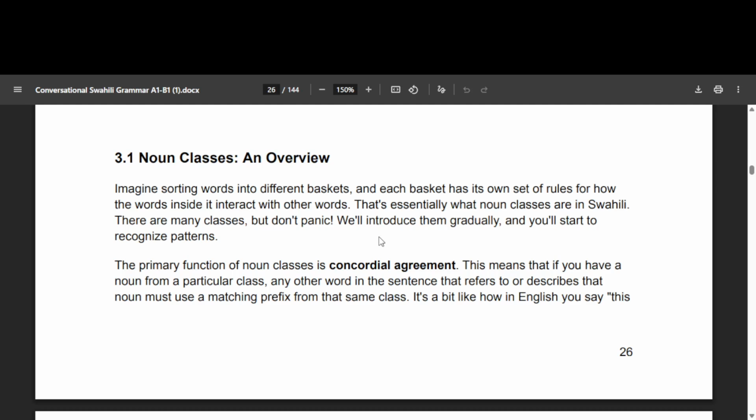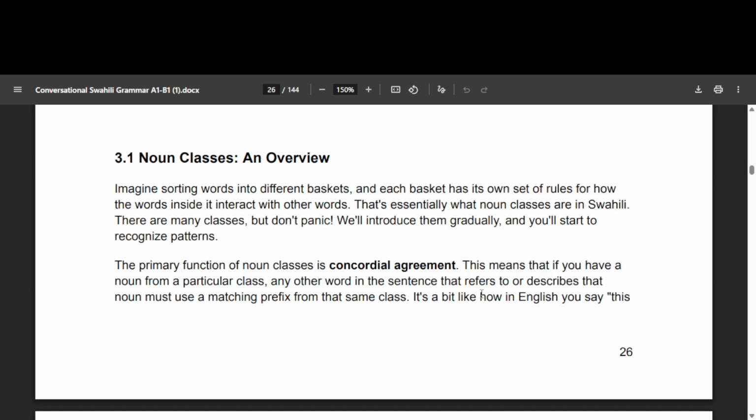The primary function of noun classes is concordial agreement. This means that if you have a noun from a particular class, any other word in the sentence that refers to it or describes that noun must use a matching prefix from that same class.